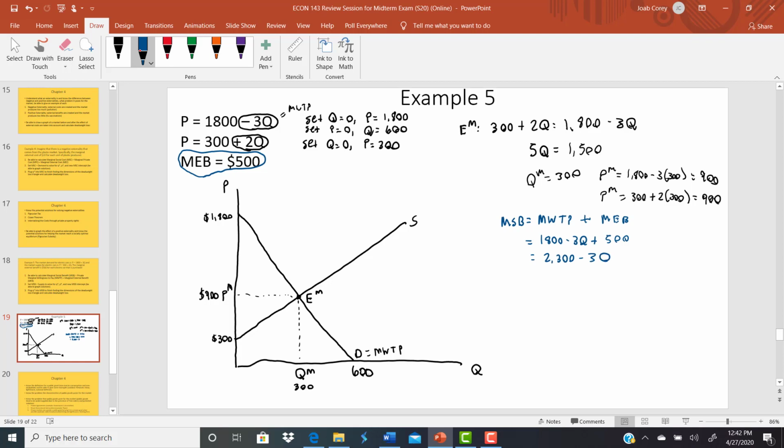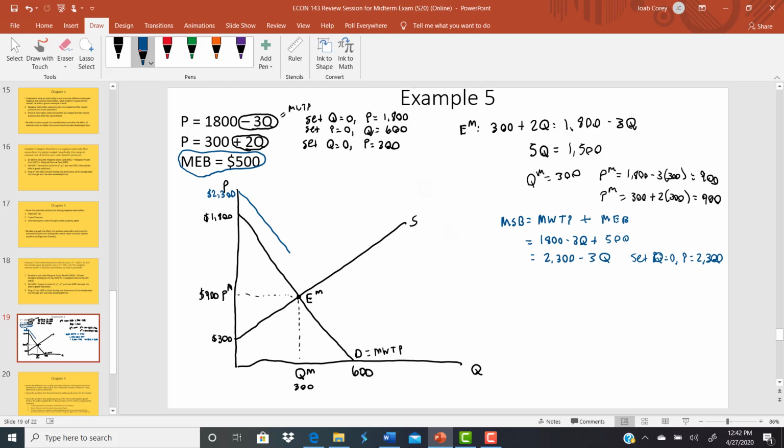minus 3Q. All right, so with that in mind, we can go ahead and set Q equal to 0 first. We know that P is going to be equal to 2,300. So we know that this demand curve is going to start exactly $500 higher, because that's the amount of the marginal external benefit, than our original demand curve.